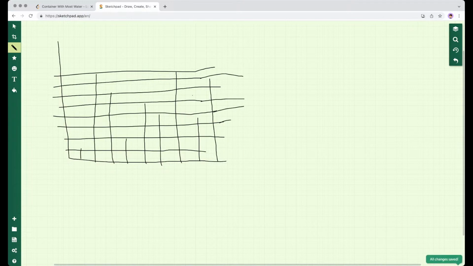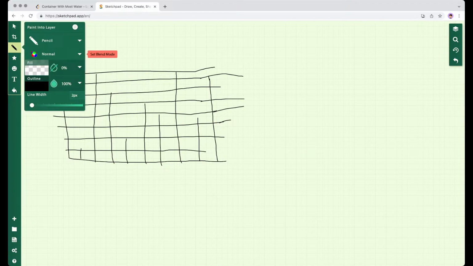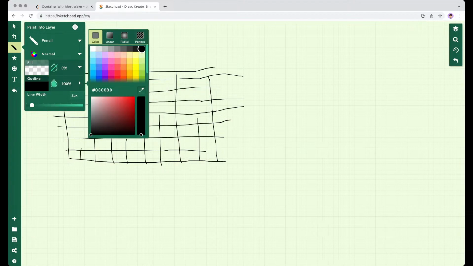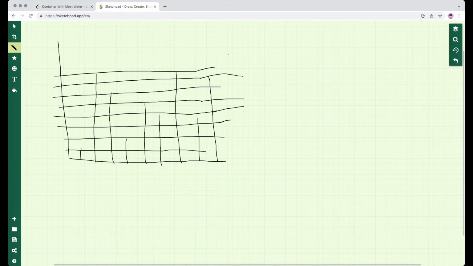Right. So the biggest area is this part here. Let me change the color here to make it red. This part and this part. This is the area that is the biggest one.